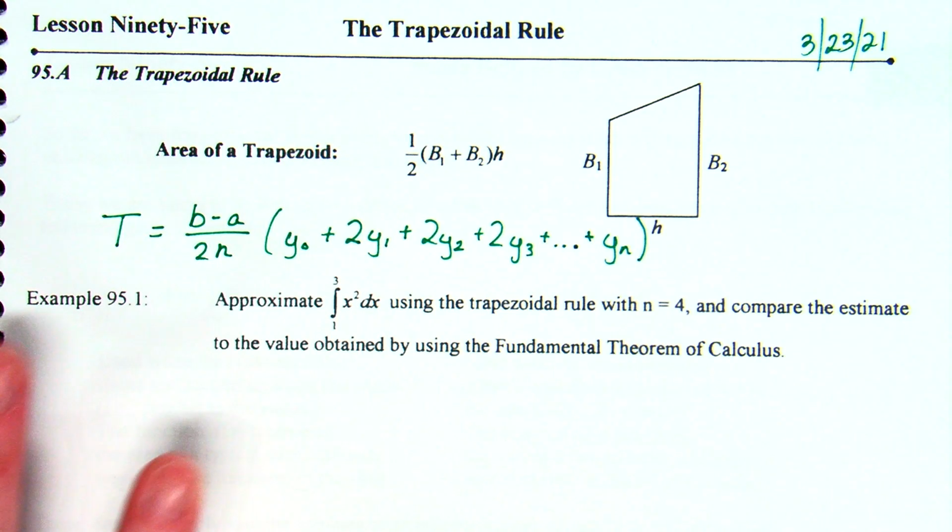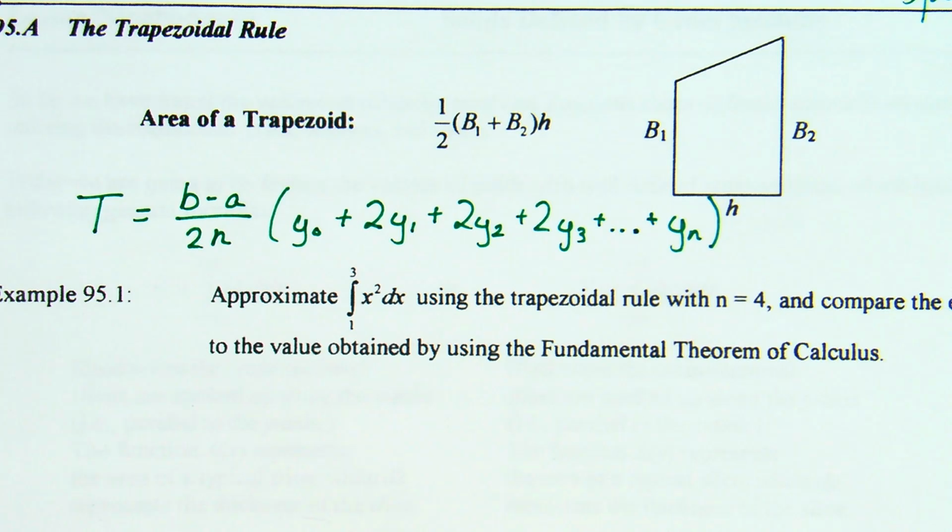Does it not have a 2 at yn? It does not have a 2 at y naught or at yn. It's because those pieces would not be doubled.